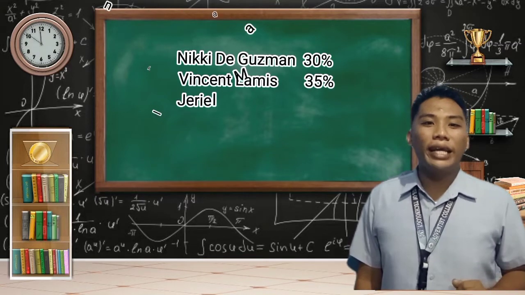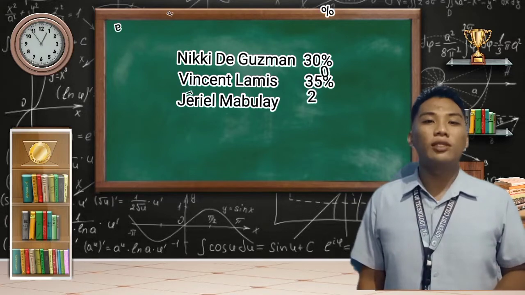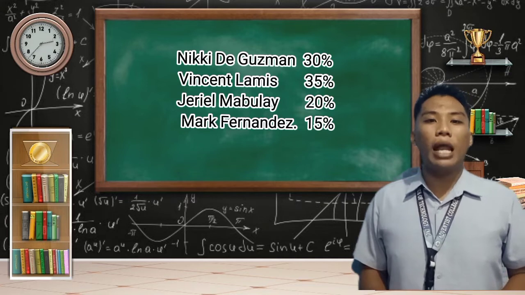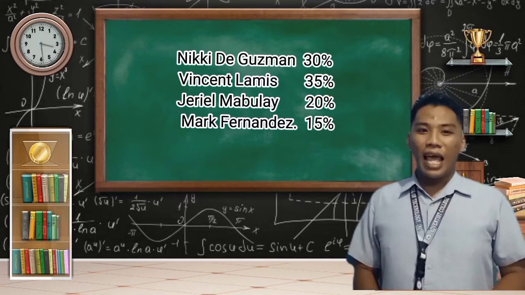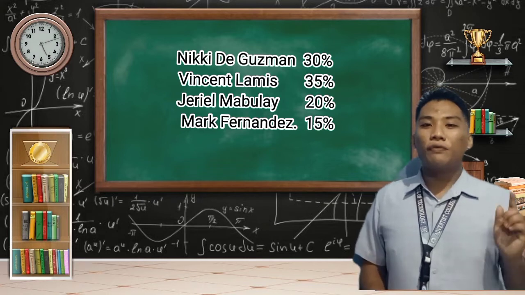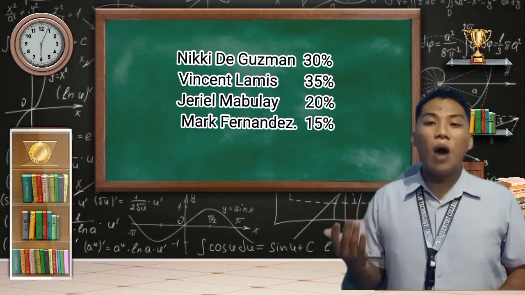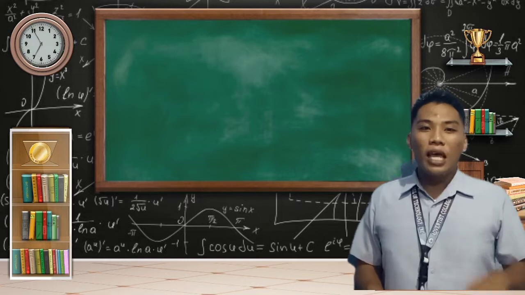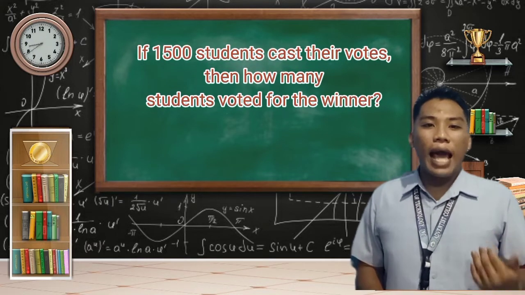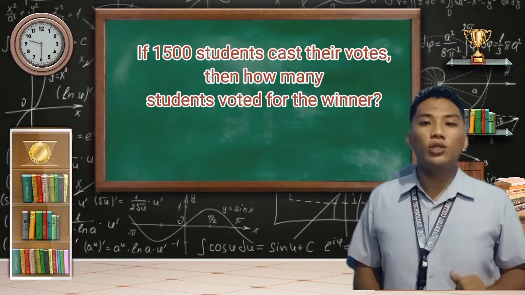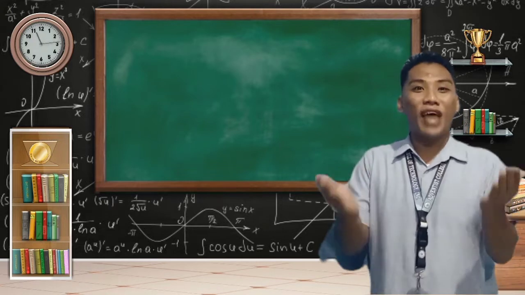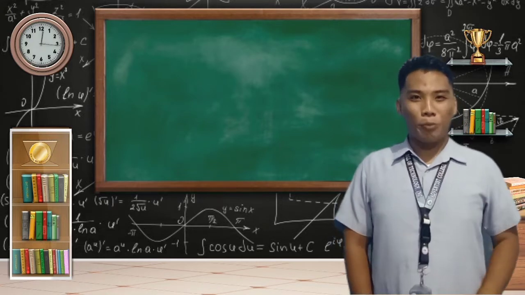The second one is Mr. Vincent Lamis, 35%. And Mr. Jerel Mabulay, 20%. And the last but not the least, Mr. Mark Fernandez, 15%. And now, class, the question is, if 1,500 students cast their votes, then how many students voted for the winner? And that is our lesson opener.